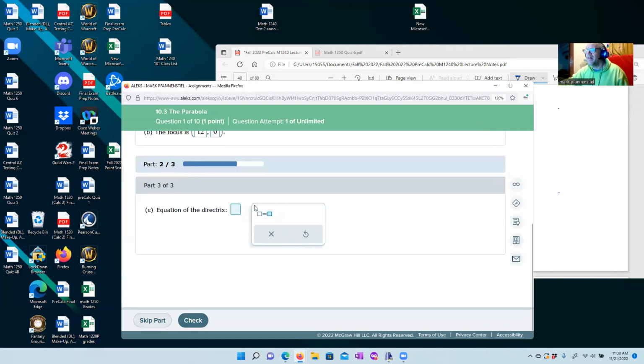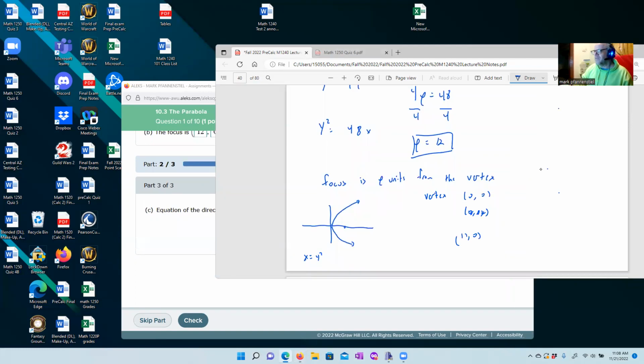And then the equation of the directrix. Since we are here, the directrix is going to be in this position, because we're looking at the collection of points that are this distance and this distance away from the vertex. This is supposed to be the same, by the way, so not drawn to scale. So how do we make the equation for a vertical line like this? That's going to be x equals negative 12.